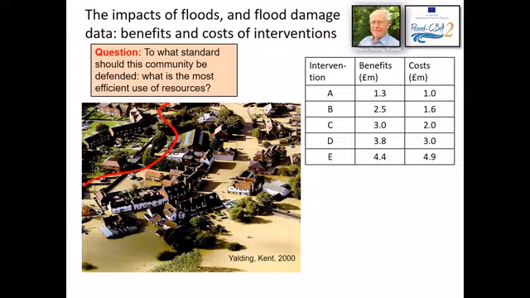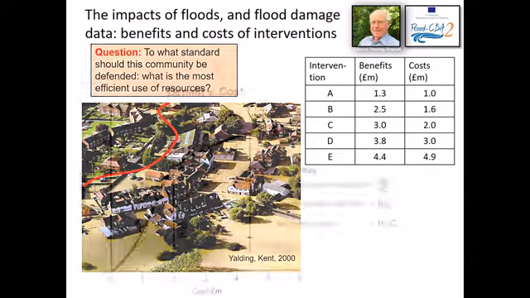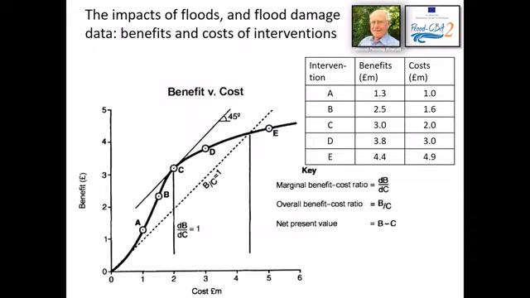And you can see that Scheme E is much more expensive at 4.9 million pounds compared with Scheme A, which costs only £1 million. So there is, if you like, a ladder of increasing costs with the increasing standard of protection. Now, this diagram here is quite a nice little summary of that situation.